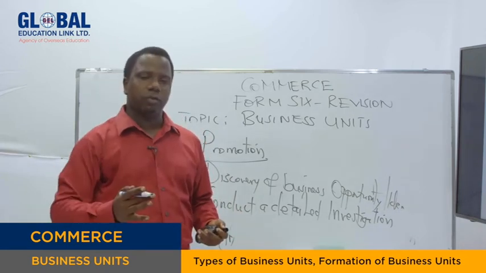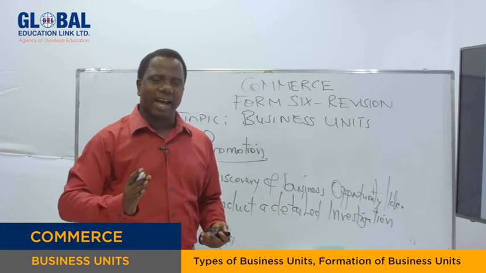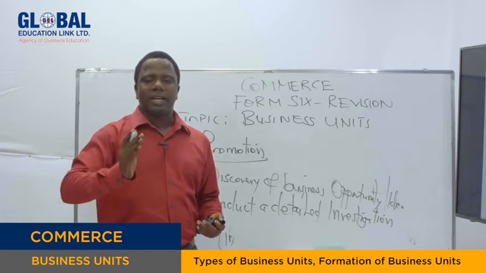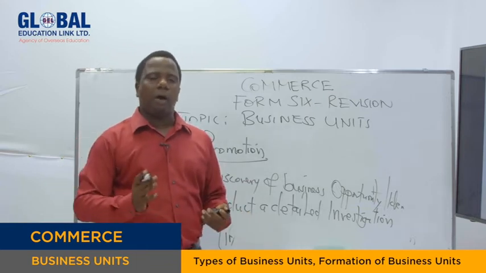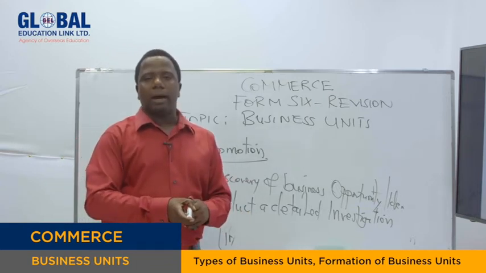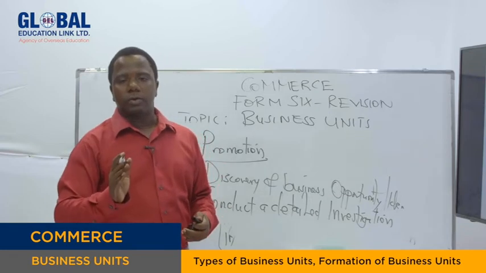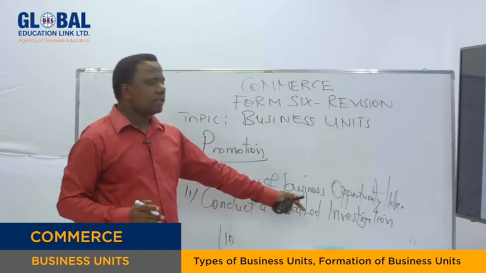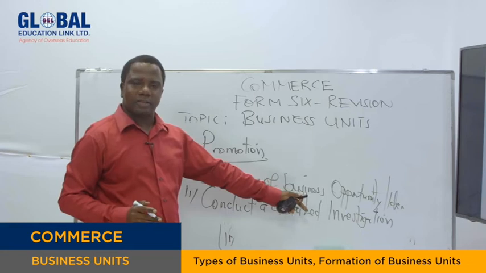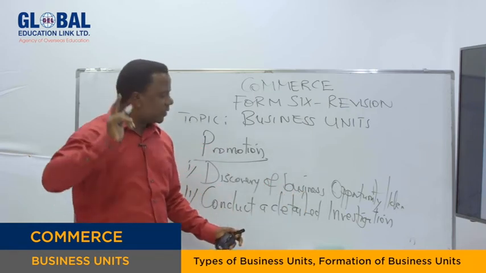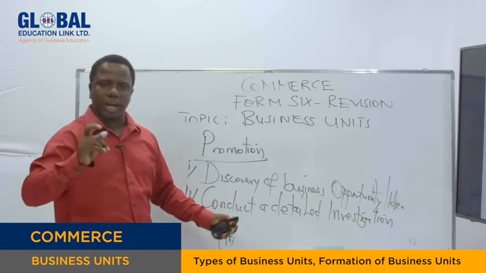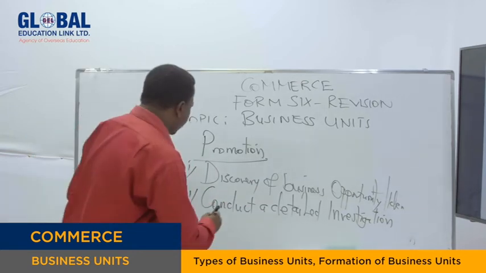You must find out if that idea is viable or can be done. Because some businesses fail or collapse because many people do not conduct a detailed investigation or research. So you must conduct a detailed investigation or research. Number 3 is verification.